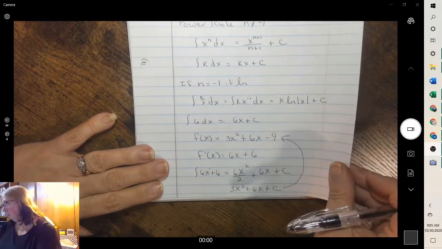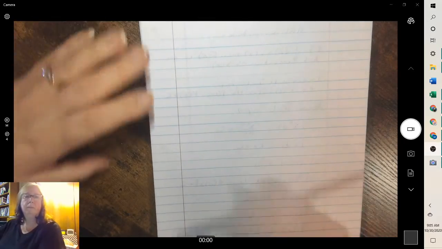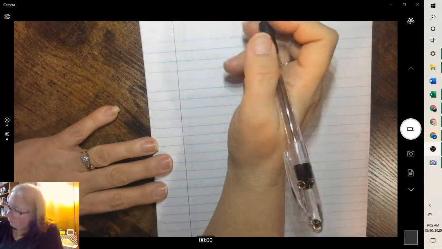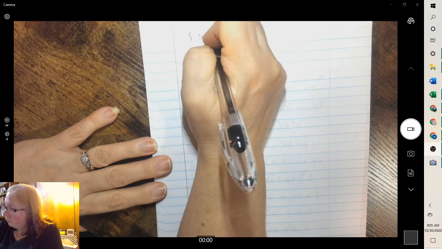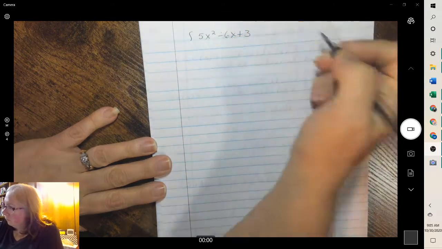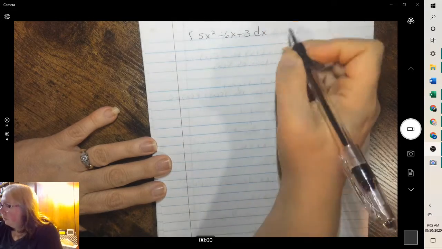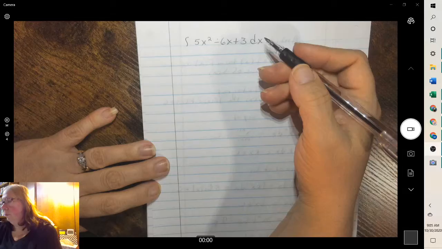Let's try some more. And this just lets you know what you're taking the integral with respect to.